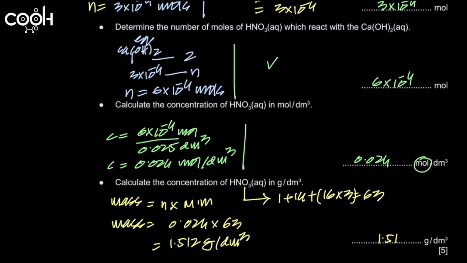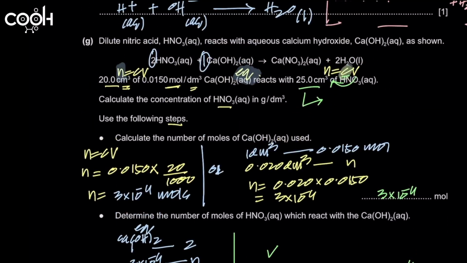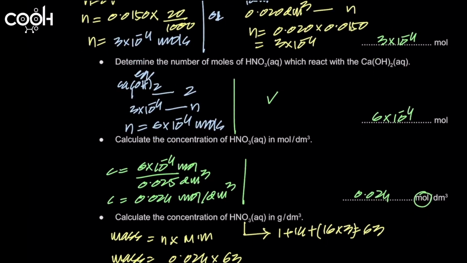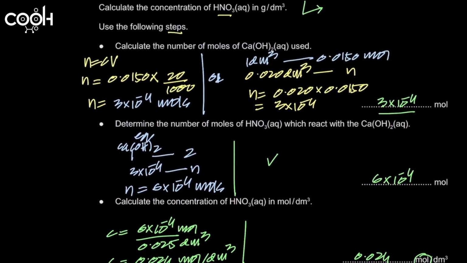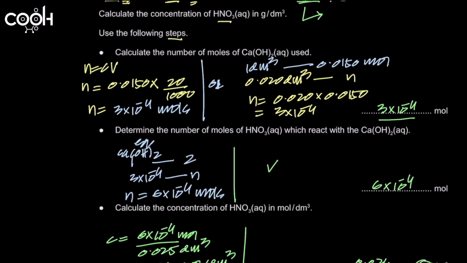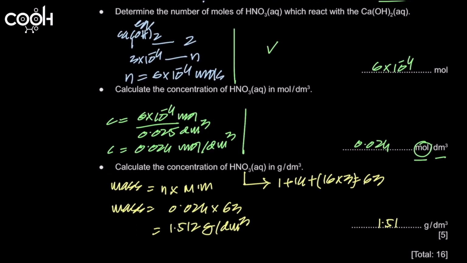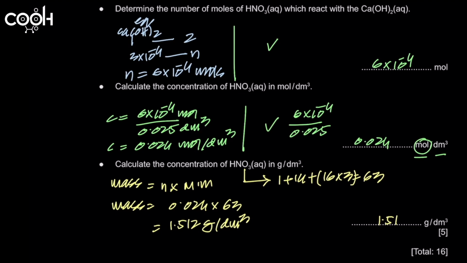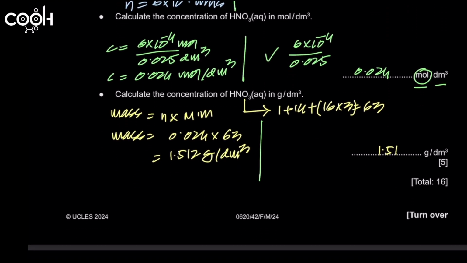And in concentration, you know that you have the moles and you have the volume, and the concentration is moles per volume. So you have the moles, which is 6 into 10 raised to the power minus 4, and volume is already given, which is 2.0. So this is again the same. Here, what is the difference? We find the molar mass.